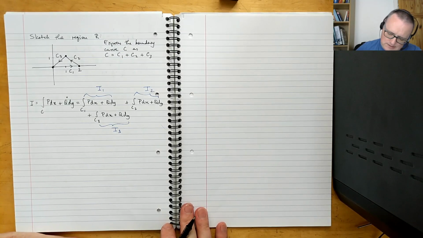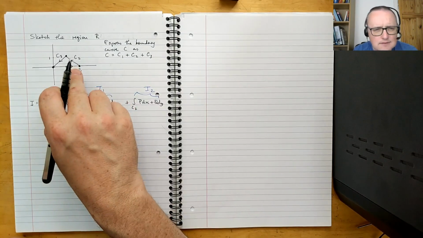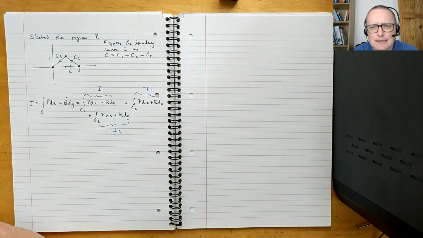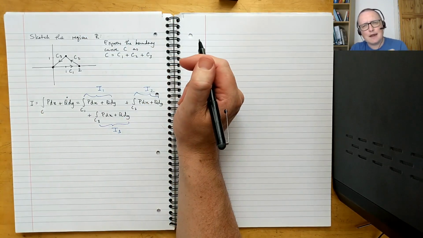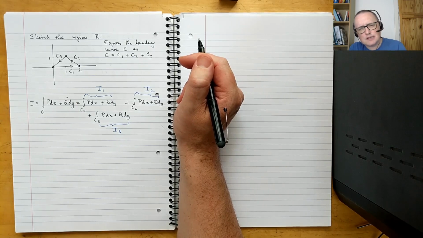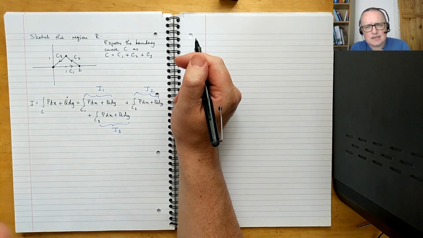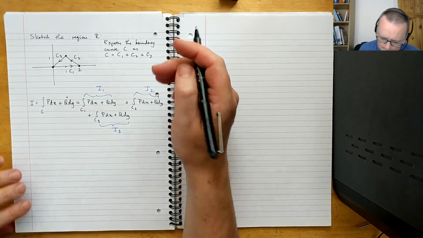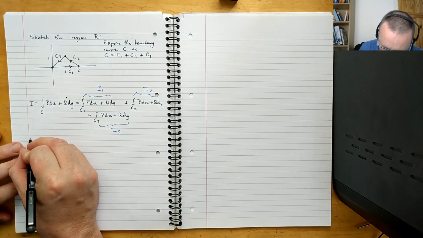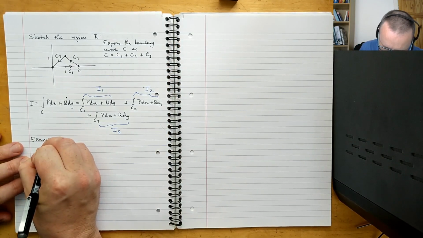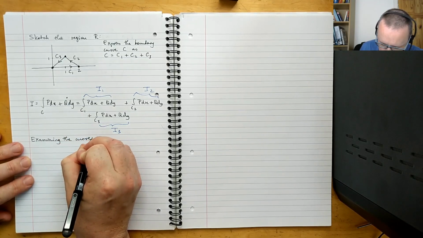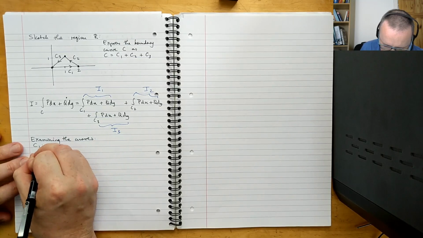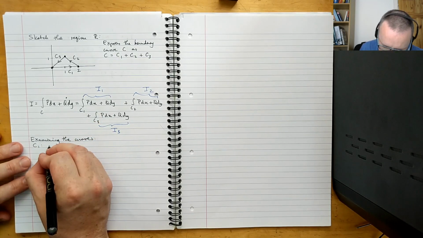So in order to do this, we need to get some detailed information about what's happening on the 3 curves. We want to identify the correct equations for those 3 curves, and how we're going to parameterize them, which of the variables x and y we're going to take as the fundamental one. So examining the curves here, what we find is, along C1, the equation for C1 is, of course, y equals 0.